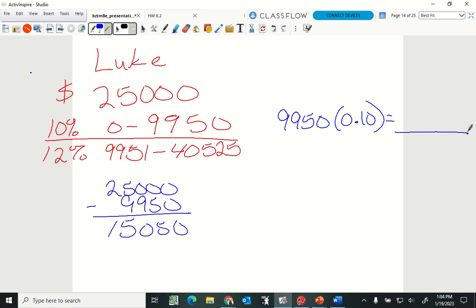So this is the overflow that goes into my second group. So his 15,050 is going to be 12%. So what we have here is a tiered tax system.